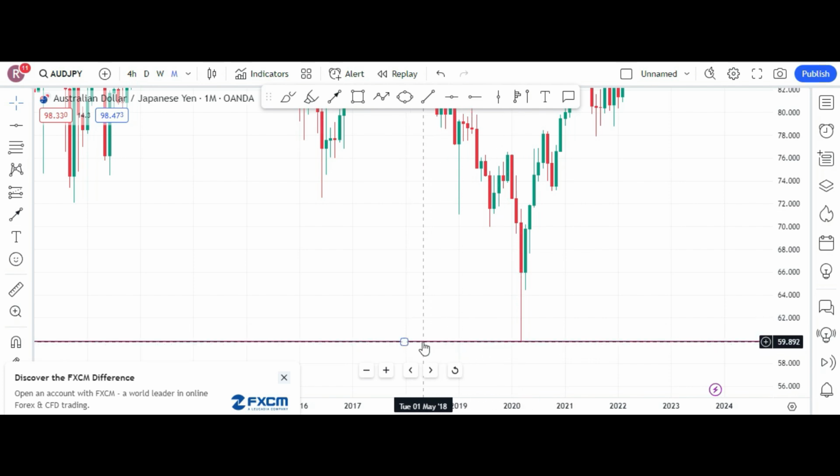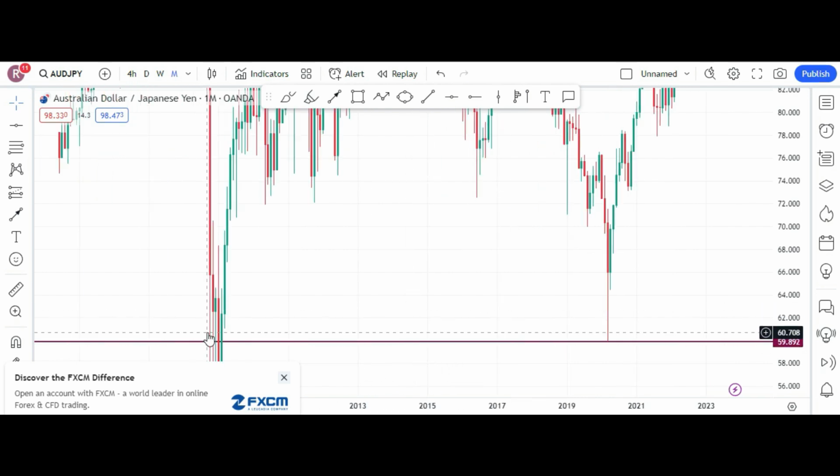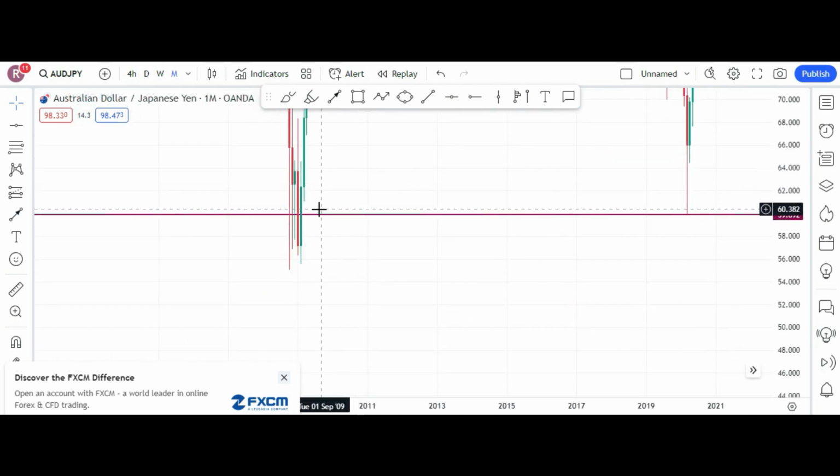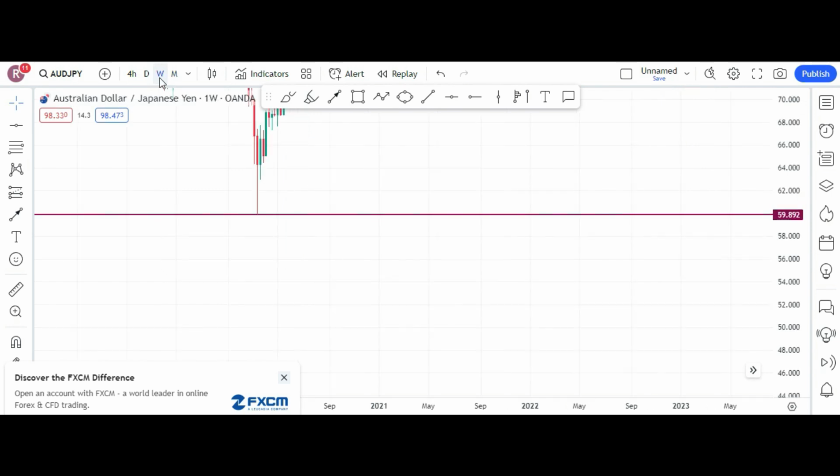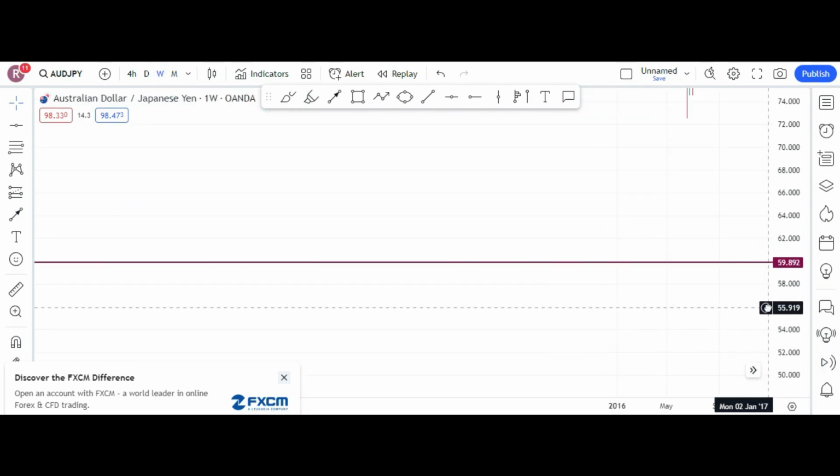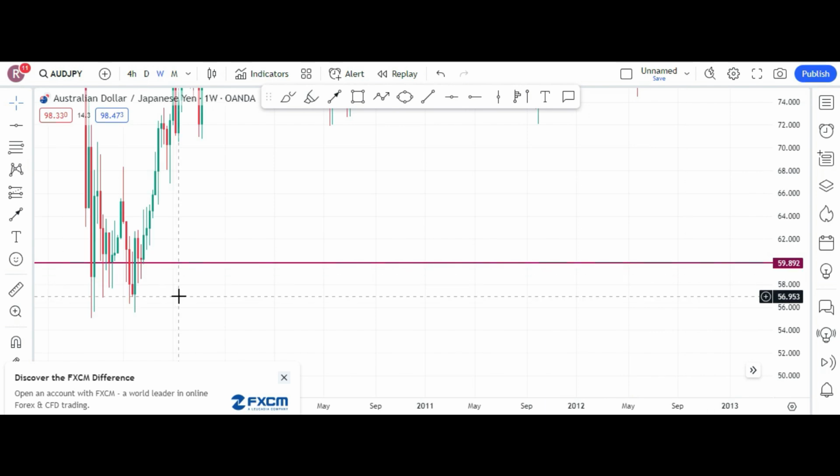If I take this back, where does it lead us? To here, but here we have red and green, and it is in the body. So let's move to weekly. Can we find anything related to here which can relate us here?